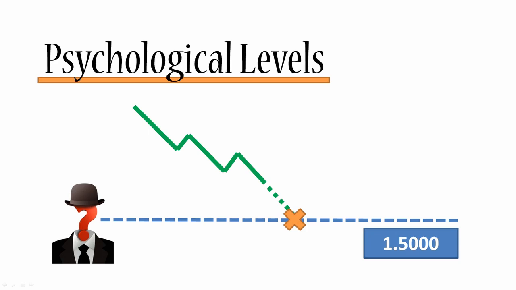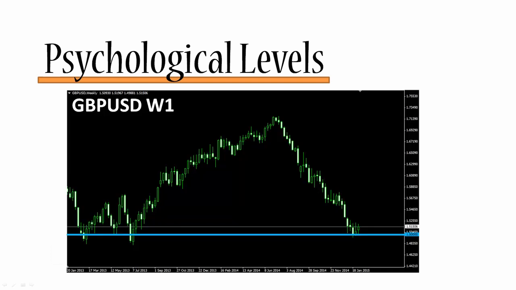So let's have a look at an example from a real chart. Here I've got the British pound dollar weekly chart, and I just took this out of my terminal, so this is fresh as of today, 4th of February 2015. And as you can see, the British pound dollar currency pair is approaching, or has approached, this blue support line, and guess what it is?